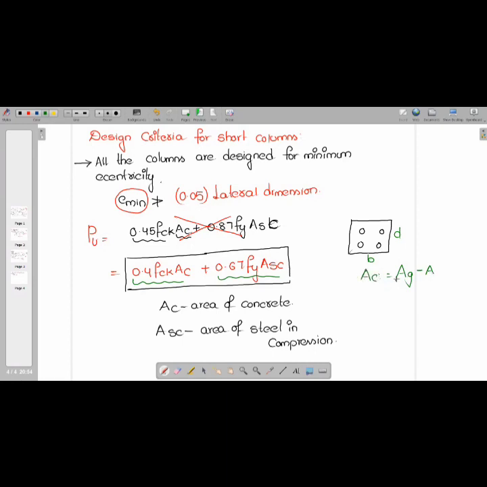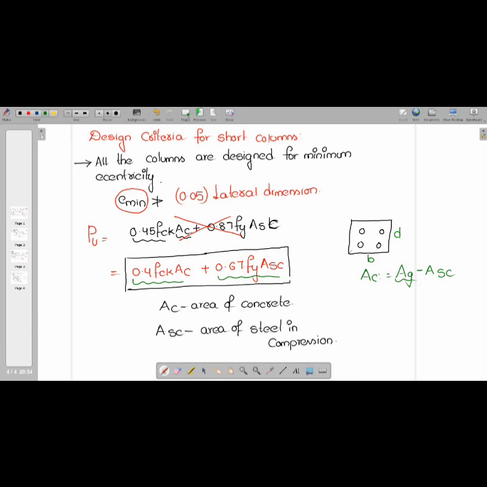Area of concrete is equal to gross area, B into D, minus area of steel in compression. Any doubts in this question, students? Is it clear for everyone? Okay.